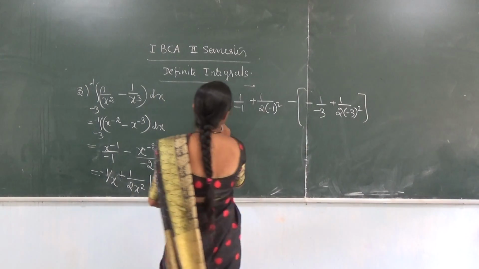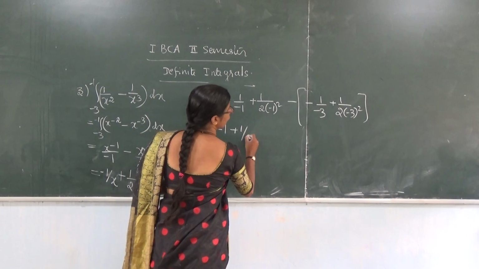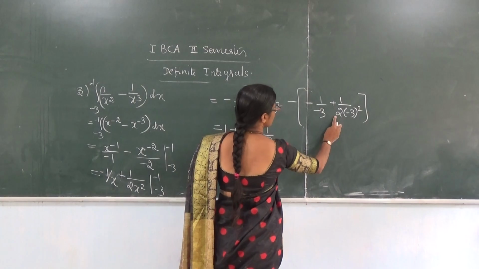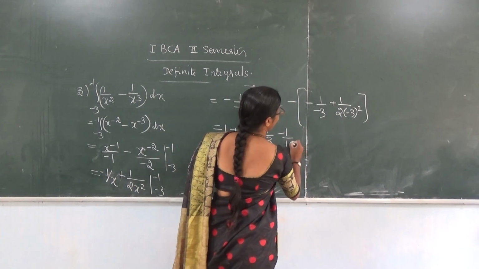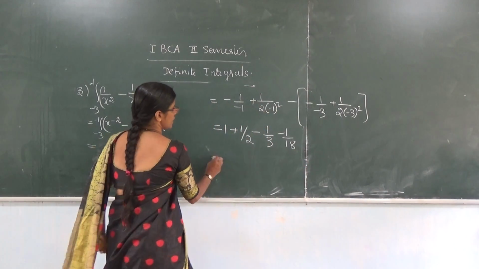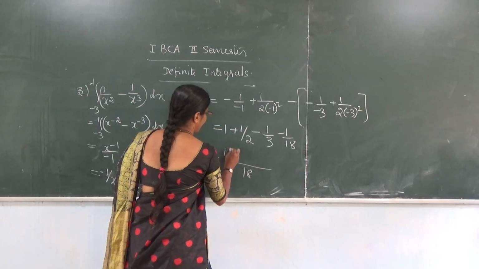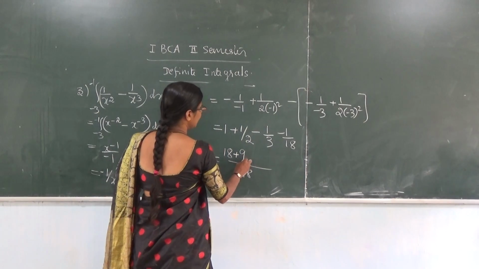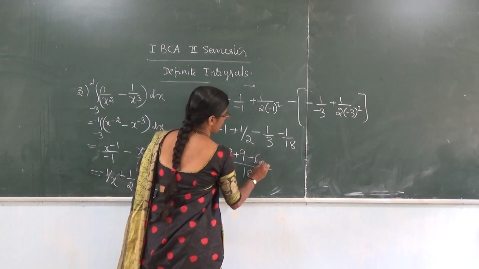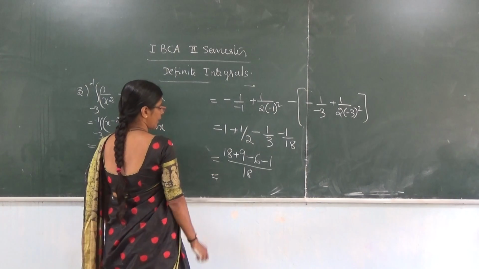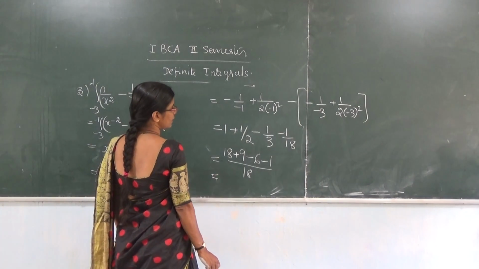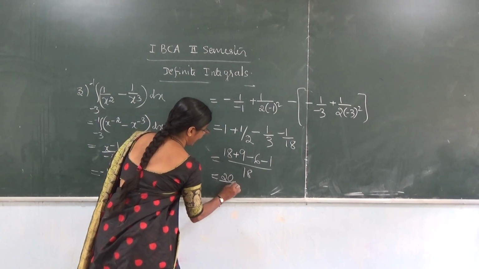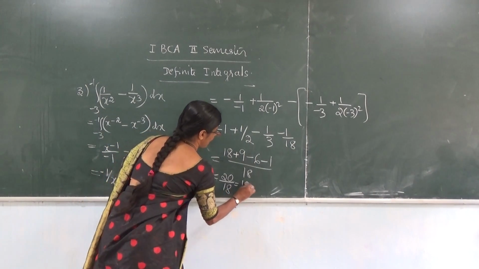So this is 1 plus half, plus minus 1 by 3, minus 1 by 18, 9 twos are 18. So 18 is the LCM. 18 plus 9 minus 6 minus 1. 18 plus 9 is 27, 27 minus 7 is 20, so 20 by 18. That is 10 by 9.